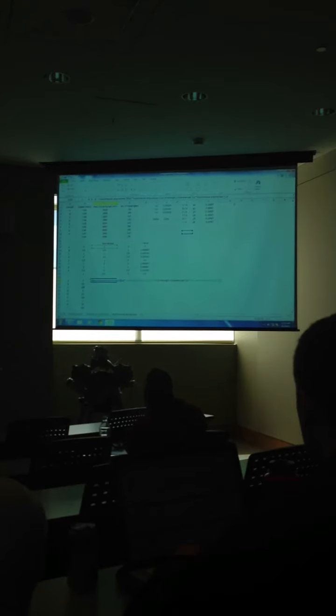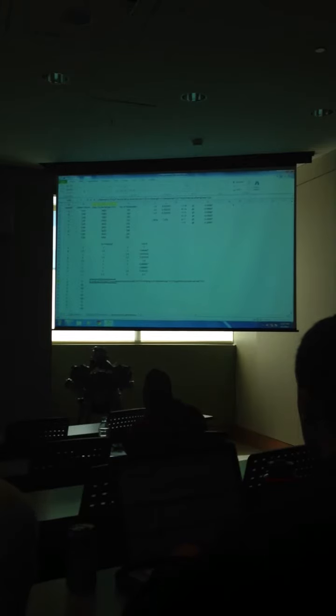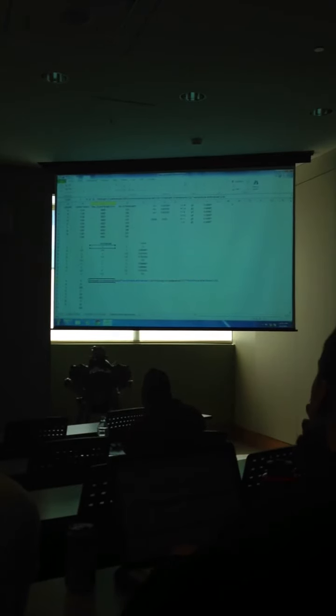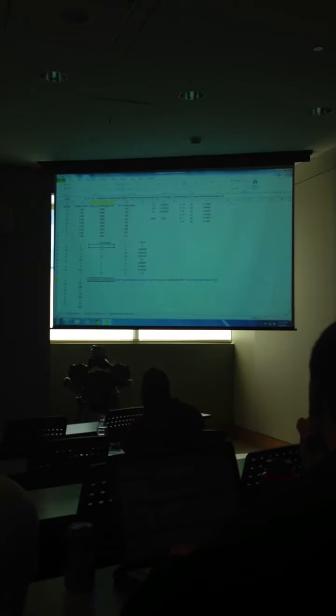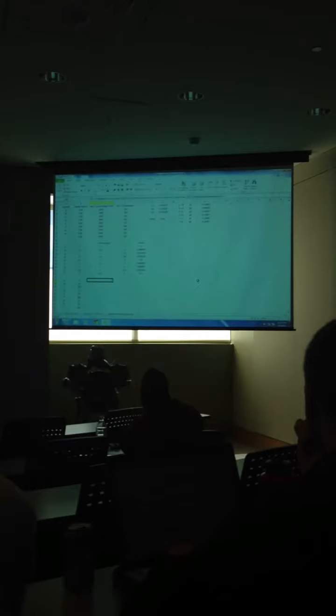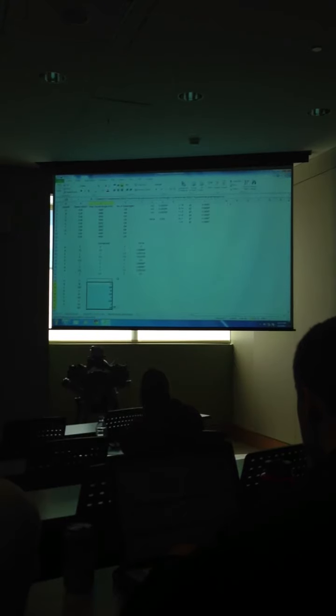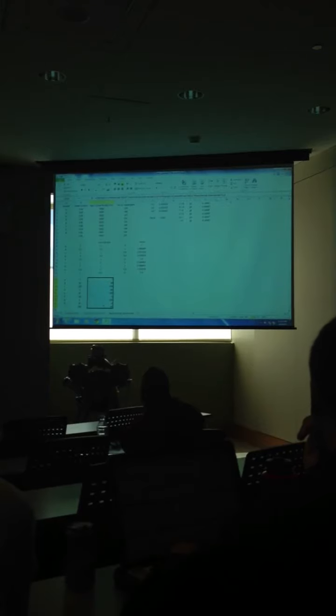It should be strength of preferences. How is it spelled? There we go. Right, so now we have these values.